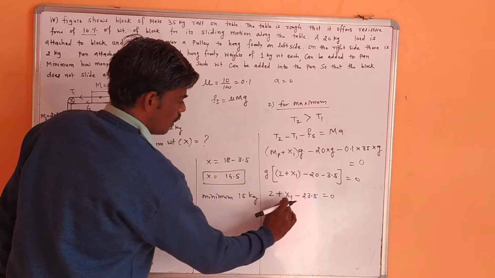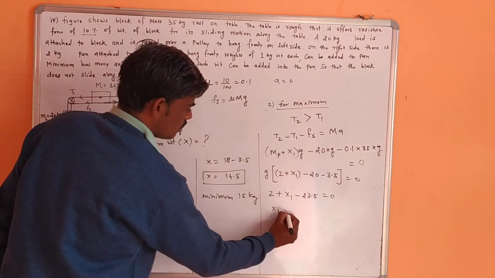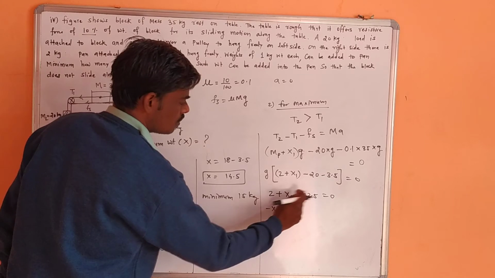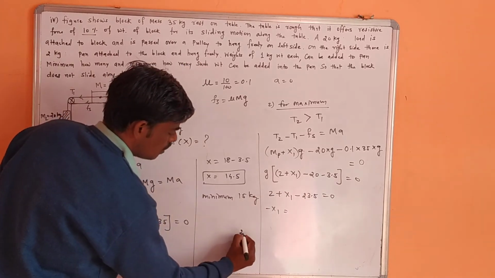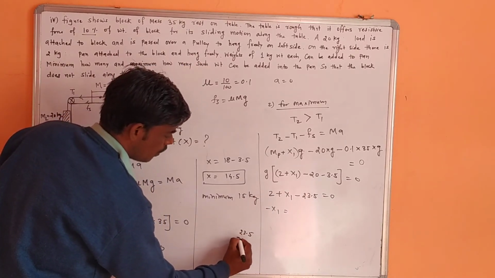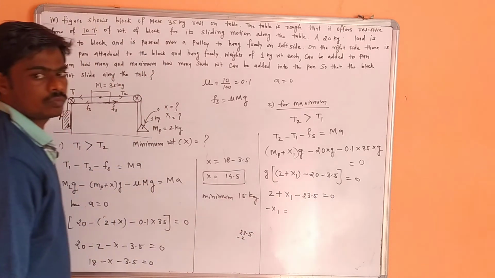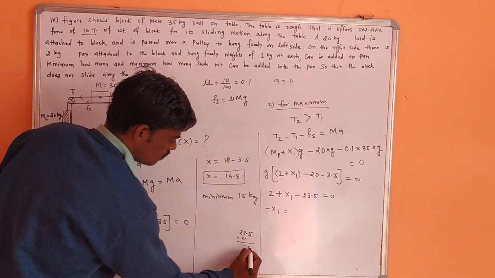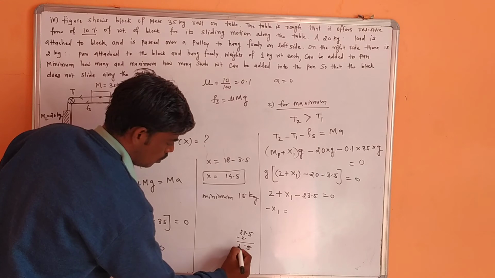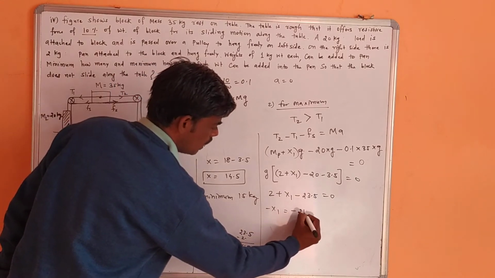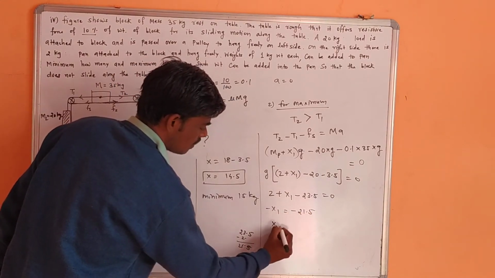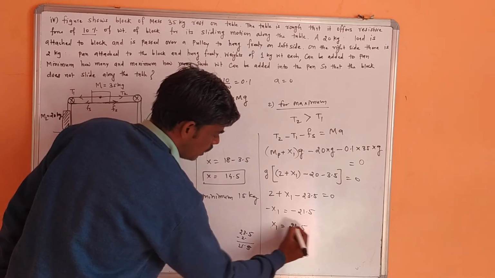So x1 to this side, it becomes minus x1, and 23.5 minus 2, it becomes 21.5, minus 21.5, negative sign cancel, 21.5.